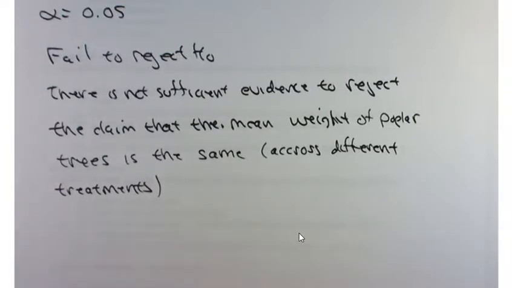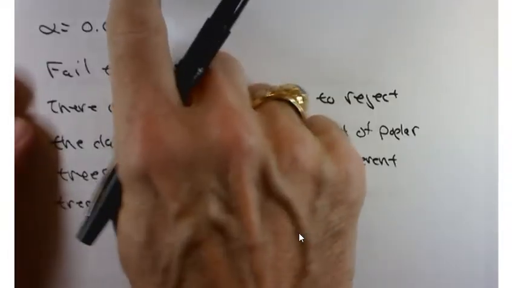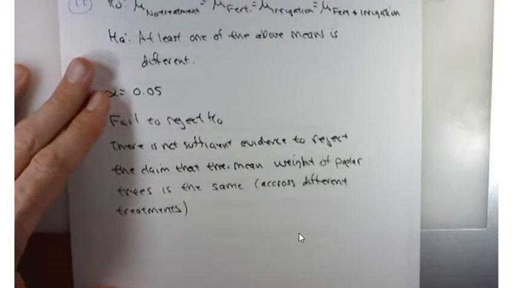If you did find a significant difference, what you could do is go back and do some follow-up analysis and try to find confidence intervals for where you think the mean of one treatment is. In fact, you can find confidence intervals for all 4 of these. What you should see in this particular case is that those confidence intervals all overlap.